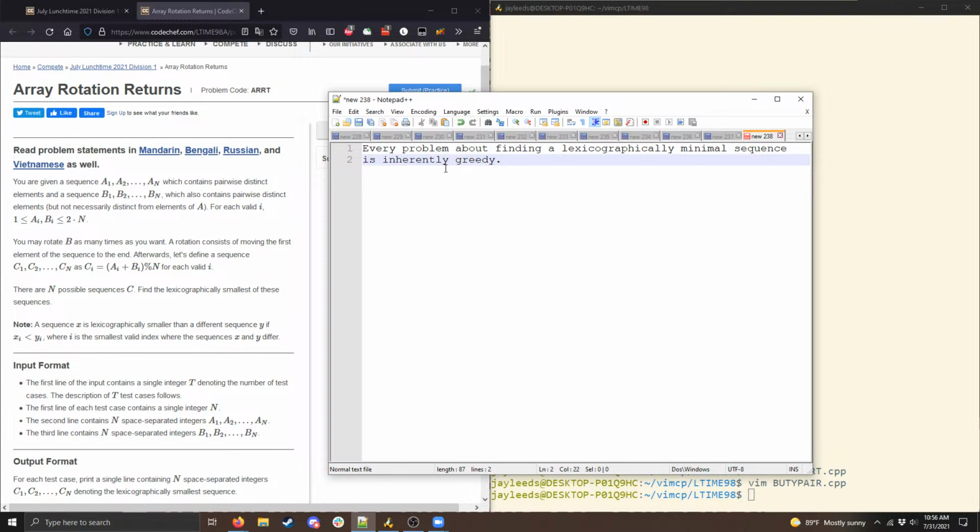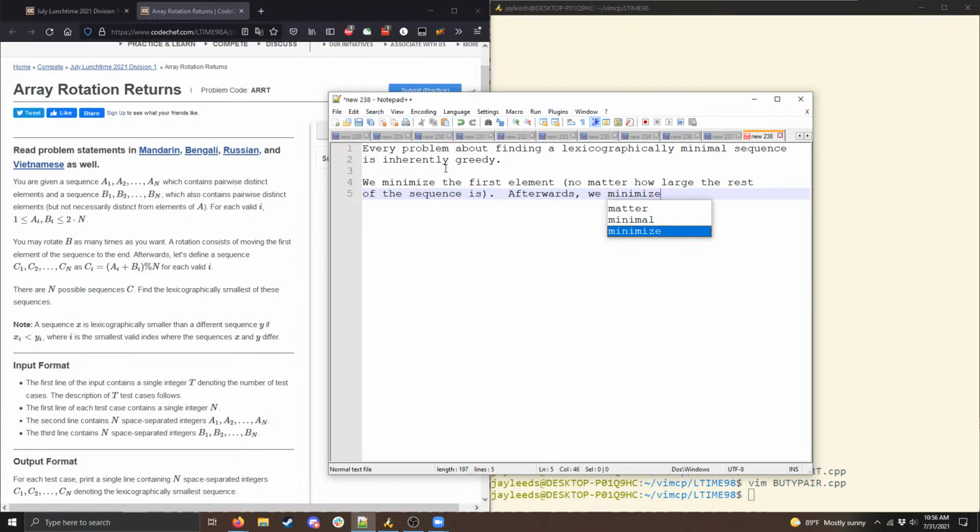The reason is that what the lexicographically minimal sequence means is we minimize the first element no matter how large the rest of the sequence is. Afterwards, we minimize the second element, and so on. And so what that basically means is we can be greedy and we can just try to minimize the first element.